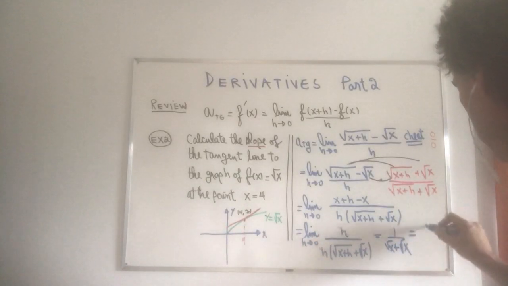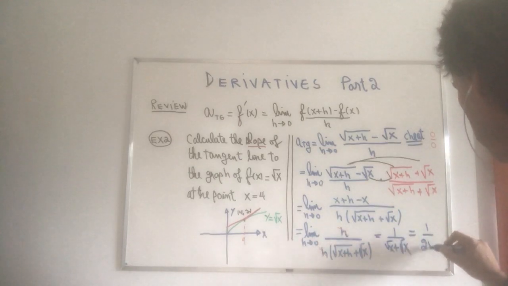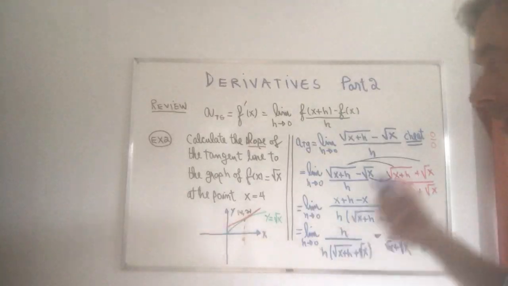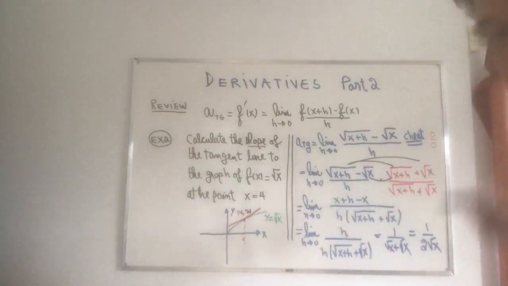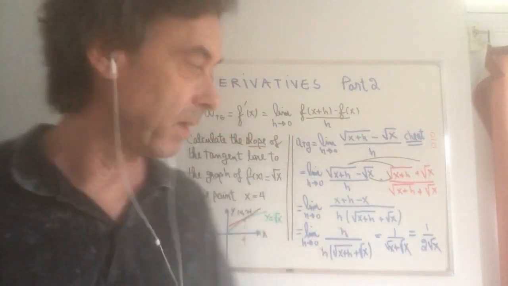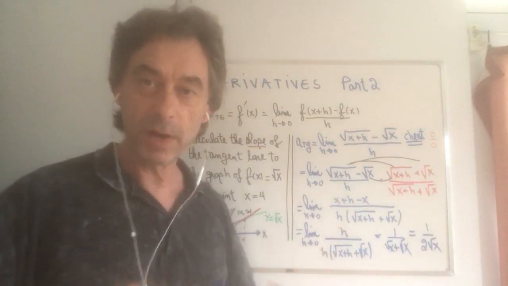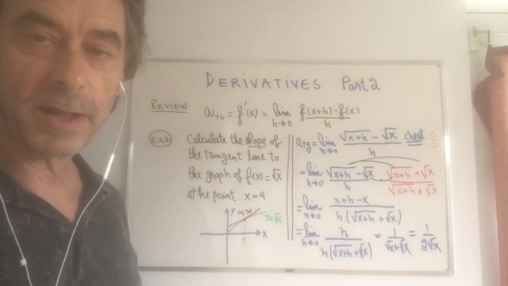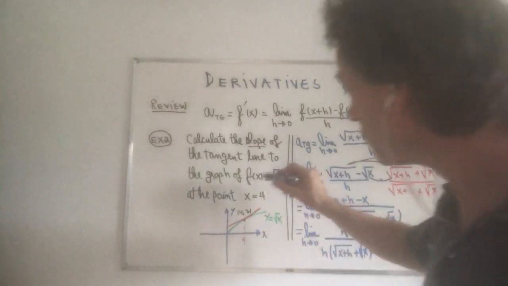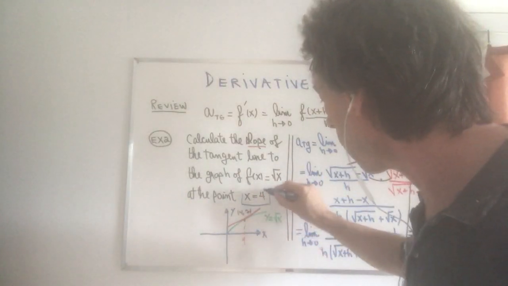In other words, 1 over 2 root x. What is that expression? That corresponds to the slope of the tangent line at any point x. So 1 over 2 root x, whatever the x you replace in there, you're going to get the slope of the tangent line. We are given one specific x here, and this x is equal to 4.